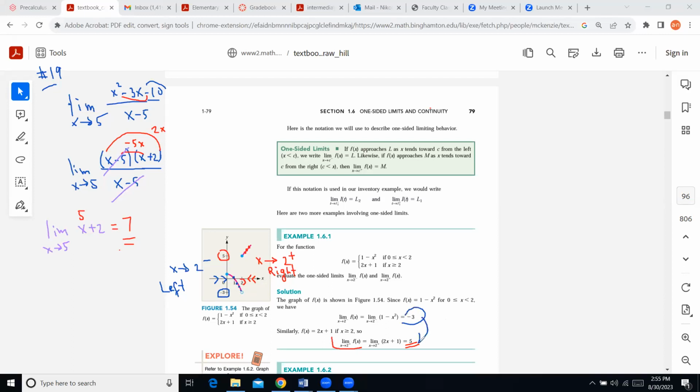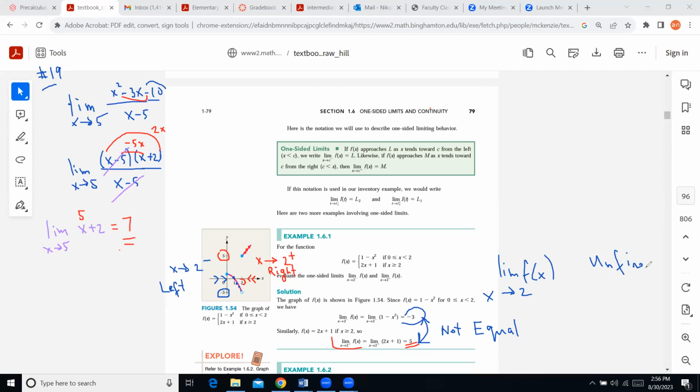And since these two limits are not equal, it means the graph has a break, and it means that there is no limit. No limit, or people say the limit of this function f of x when x approaches the number 2 is, in general, undefined.